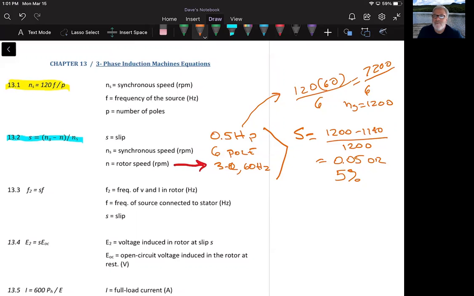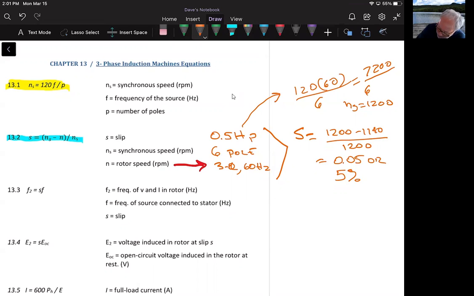Now, let me share something with you, and this will be some of the problems that you'll run into. One other thing I want to point out to you. Sometimes you may be given a problem where you can use the slip formula to determine the number of poles in combination with equation 13.1. The way that would work is, let me just point this out right quick.